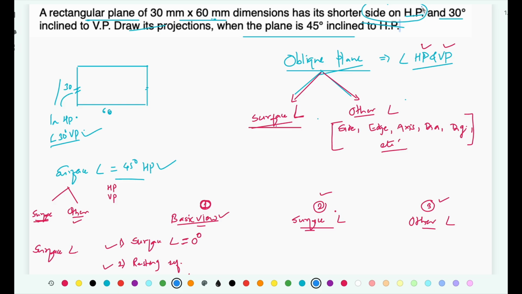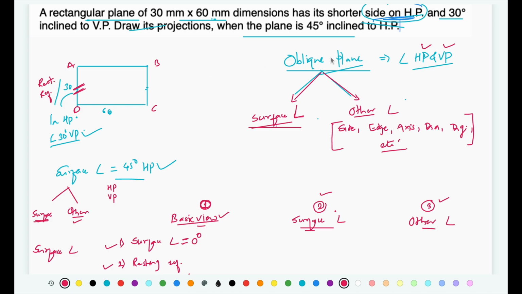So this is going to be our resting reference. What is a resting reference? This shorter side: if I consider this as rectangle ABCD, then this is the side AD that I am going to consider as a resting reference.